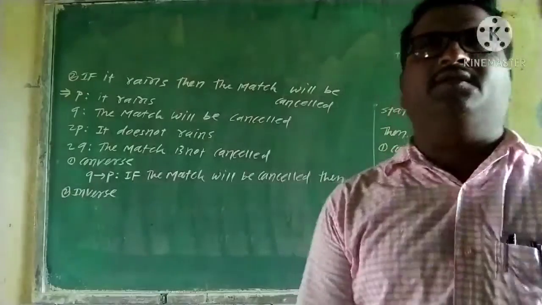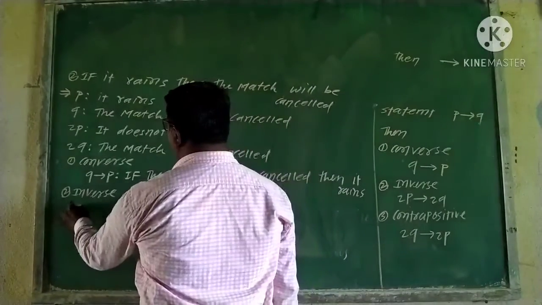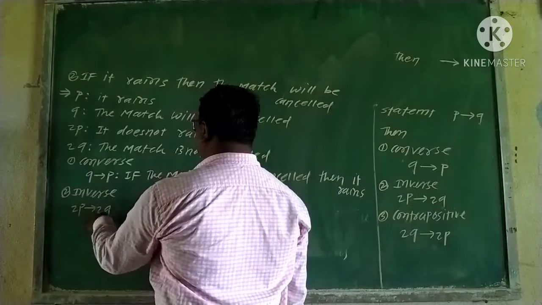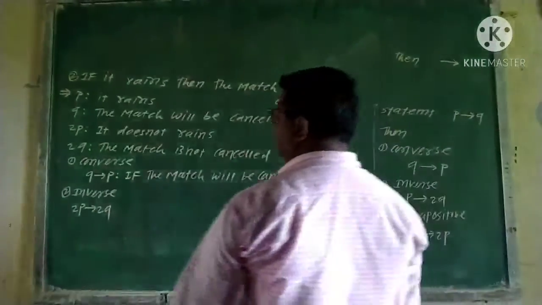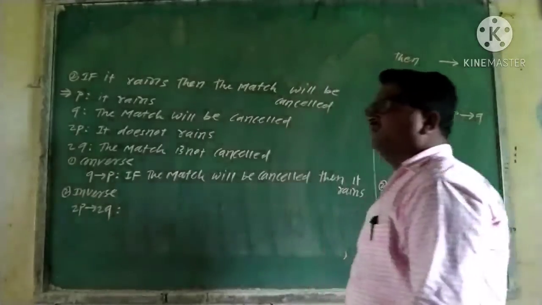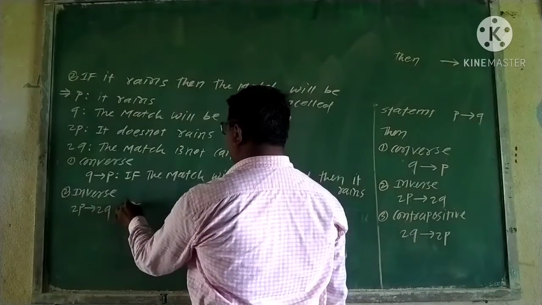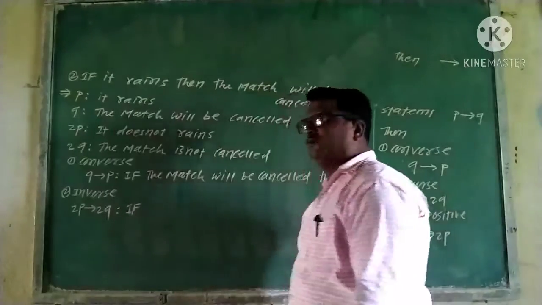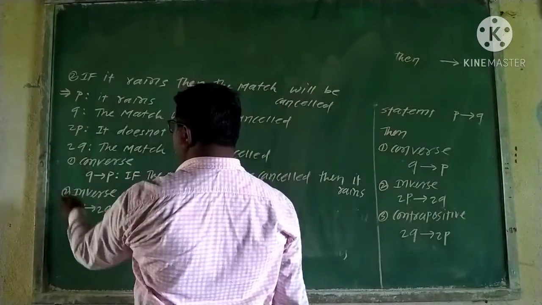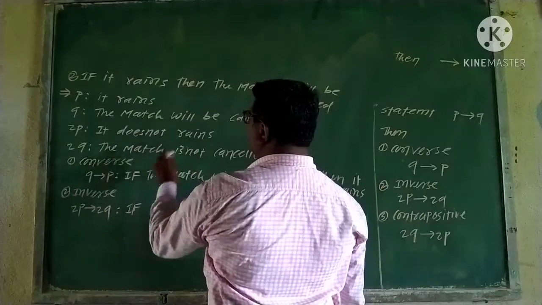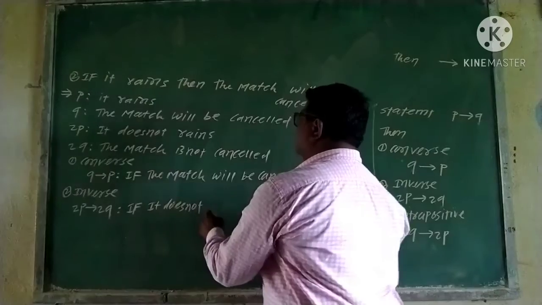In the inverse we write the negation of the first statement implies the negation of the second statement, means negation P implies negation Q. With the logical connective if, then, the first statement is negation P: it does not rain.